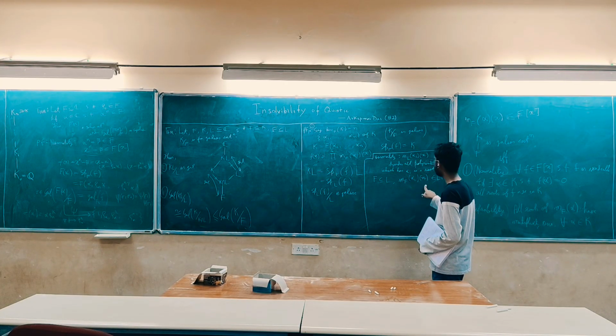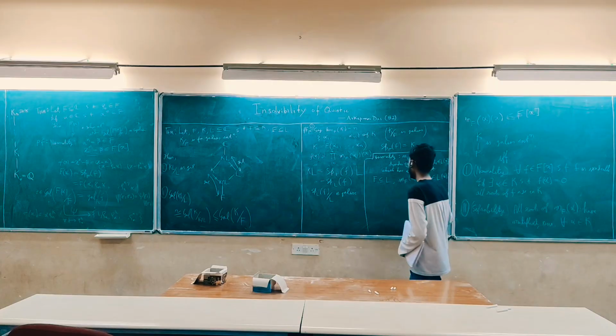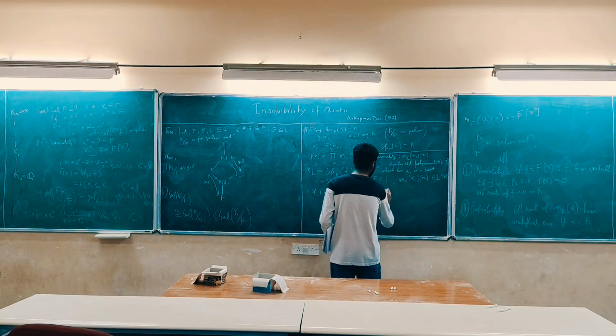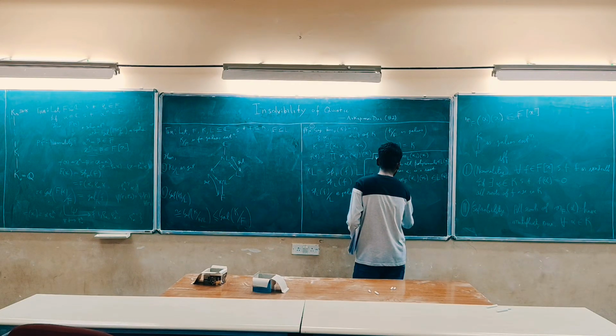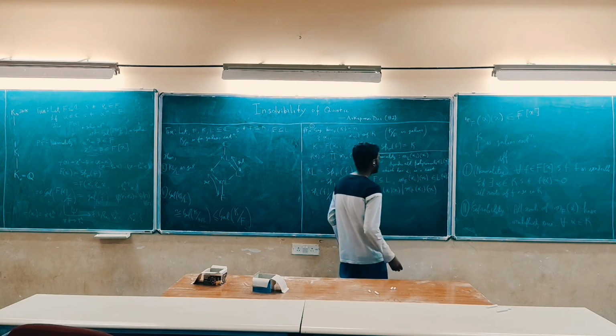And because this annihilates alpha_i, m_{alpha_i}(x) divides the polynomial.